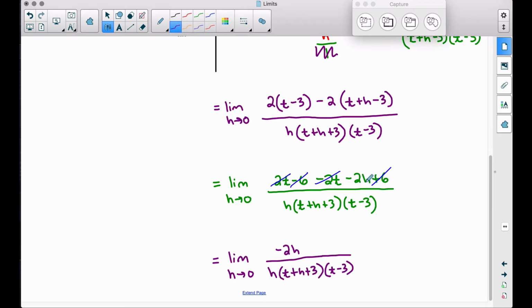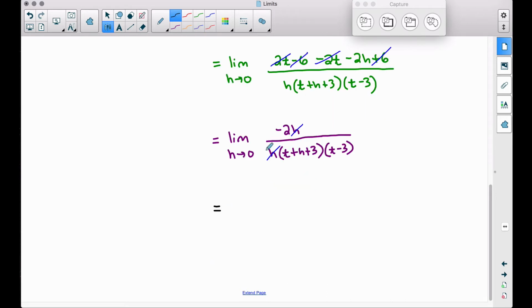And as you can see here, with this being the only thing we have left in our numerator, we can cancel out this h with this h, and now we should be able to directly substitute 0 into, well, there's only one more spot to plug 0 into right there for that h, and we will be left with our derivative.